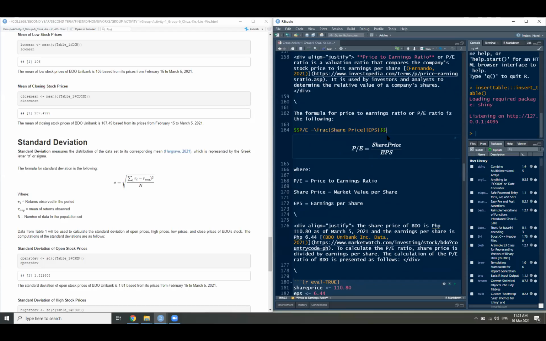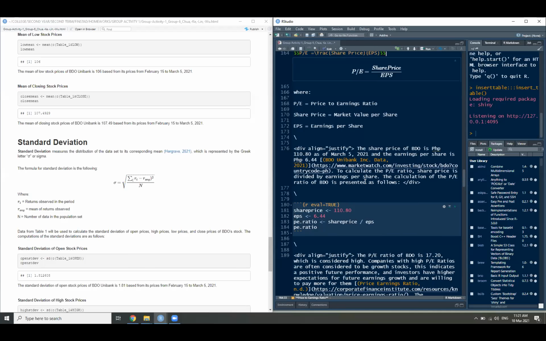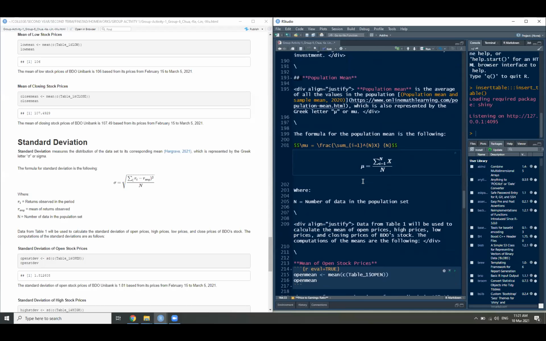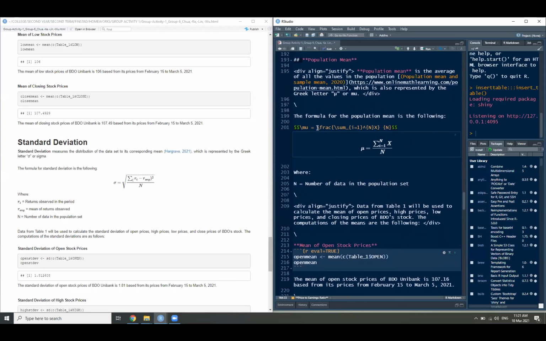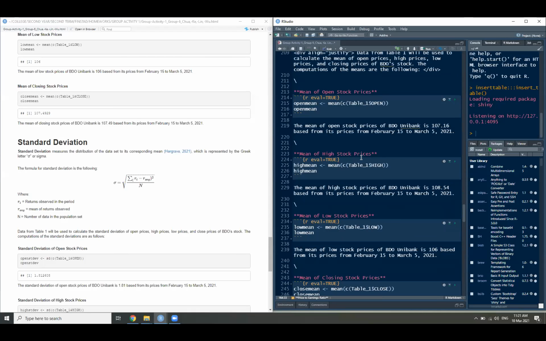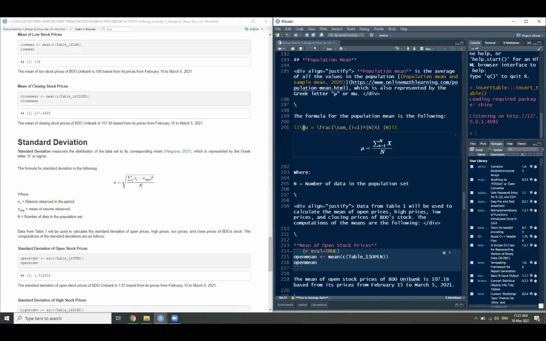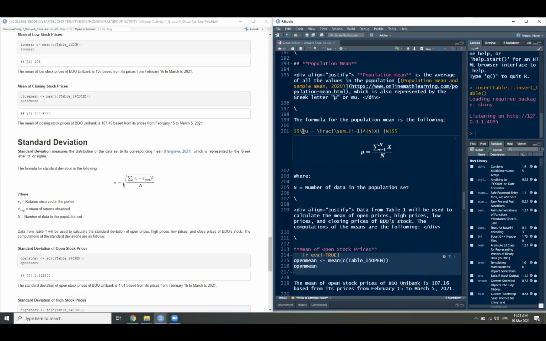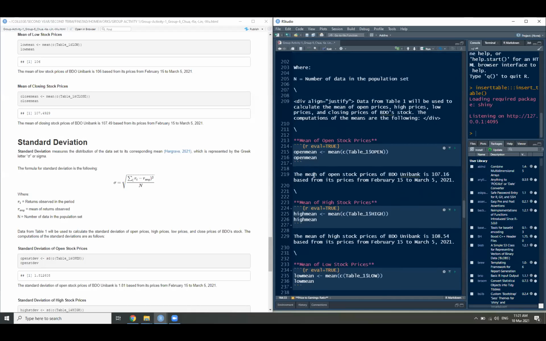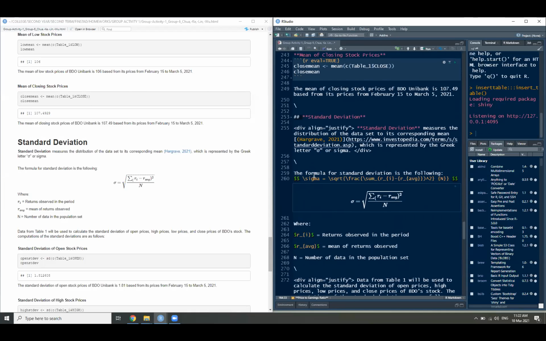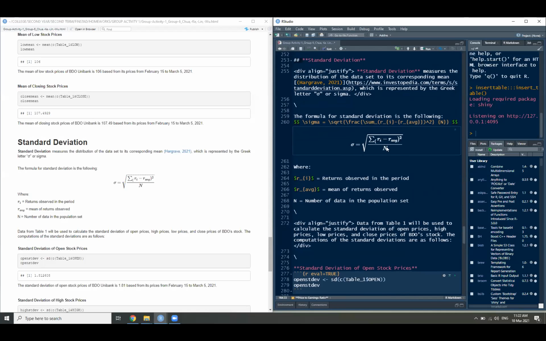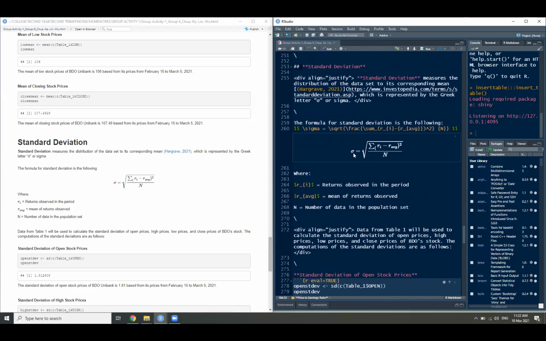Then your Greek letter, the sigma. Sigma or mu? If you insert sigma, you just need a backslash, then sigma.